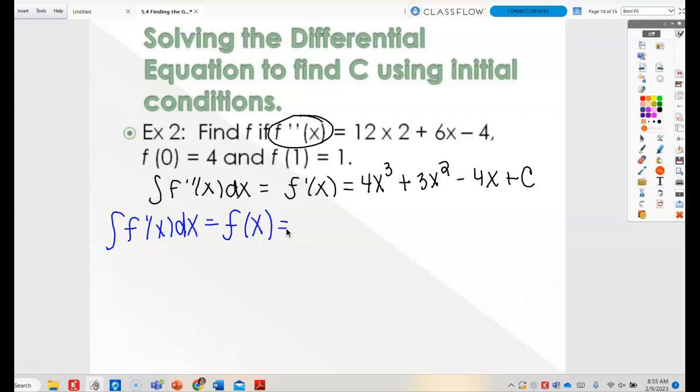So now 4x cubed would become 4x to the 4th over 4. 3x squared would become 3x cubed over 3.